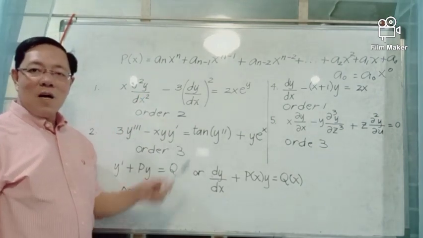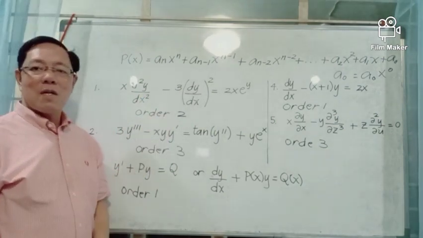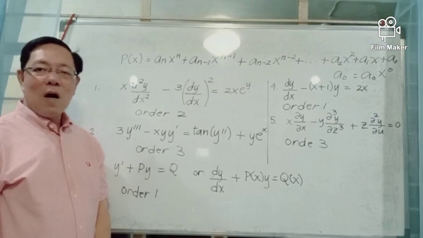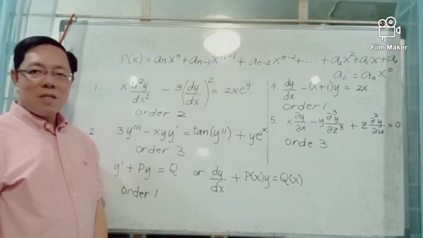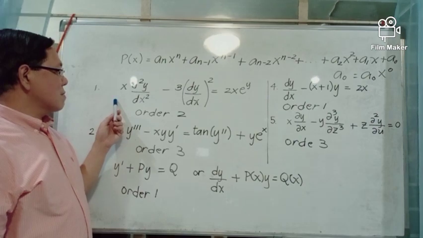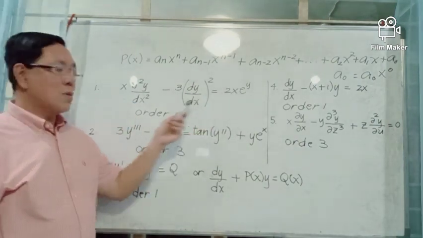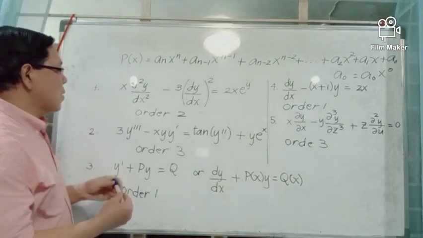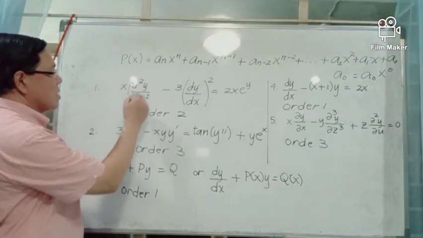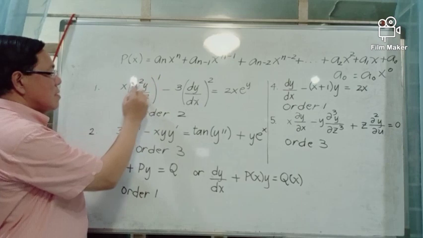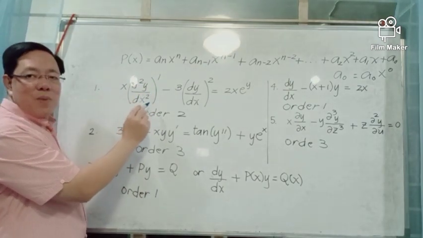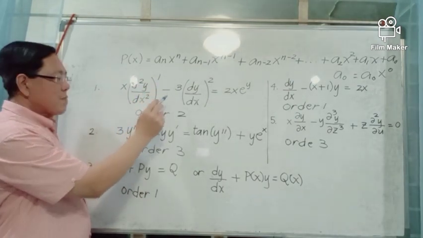And the degree of this differential equation is the exponent of the highest derivative that appears in this equation. The highest derivative in this differential equation is of order 2, and its exponent, this can actually be written as the second derivative of y with respect to x to the power 1.